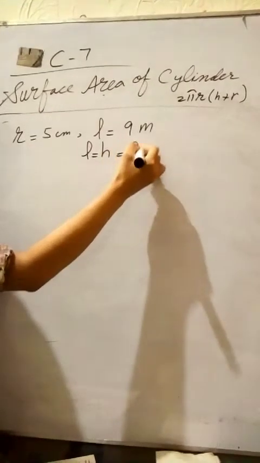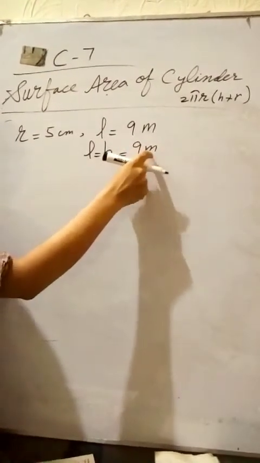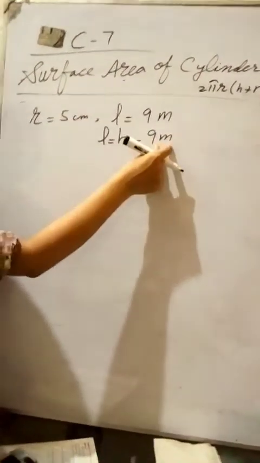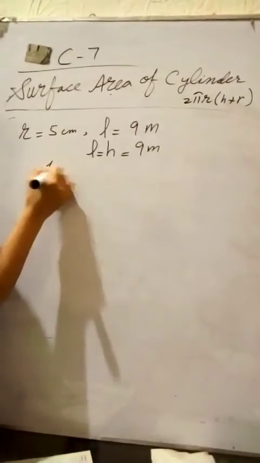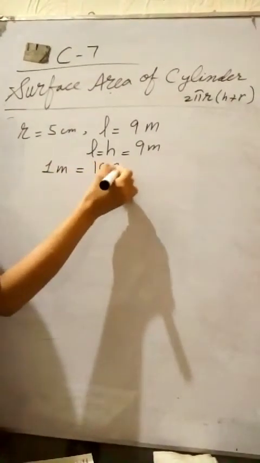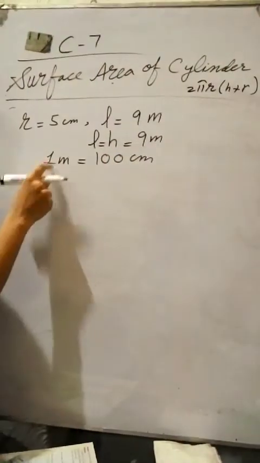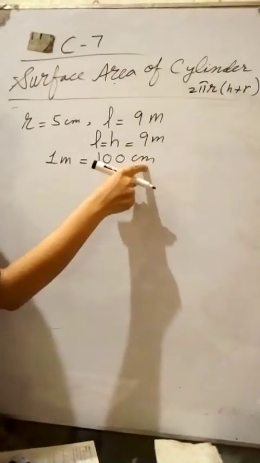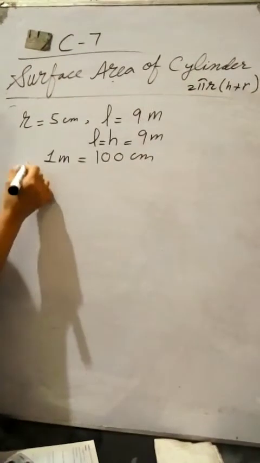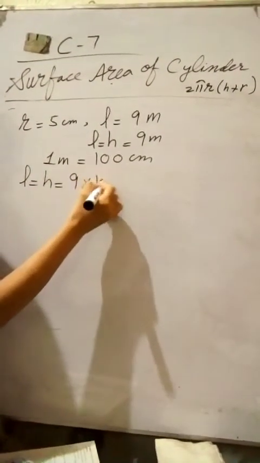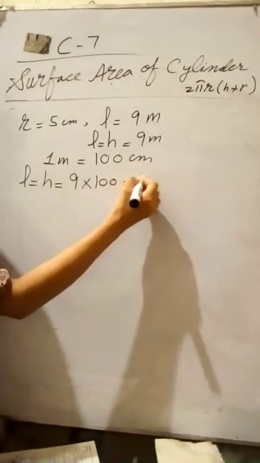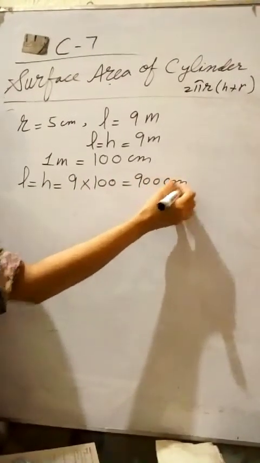But we need to convert into centimeter because centimeter and meter are not same. We need to make it same. So 1 meter is always equal to 100 centimeter. We need to multiply 9 with 100, so it converted into 900 centimeter.